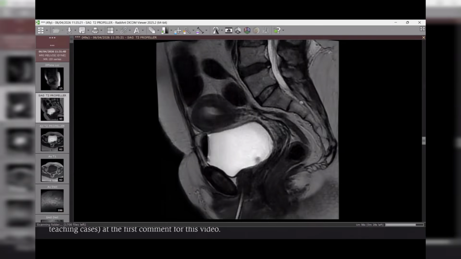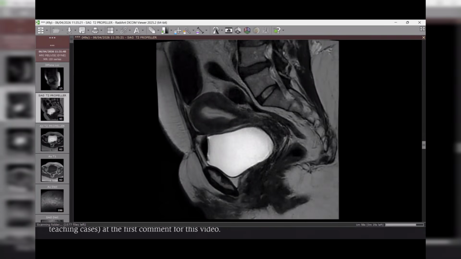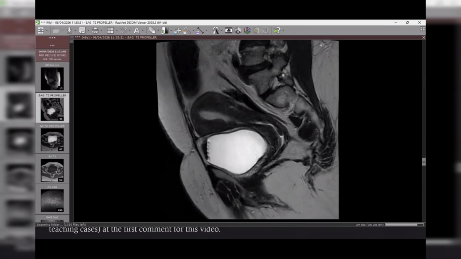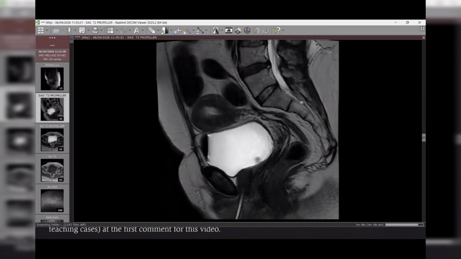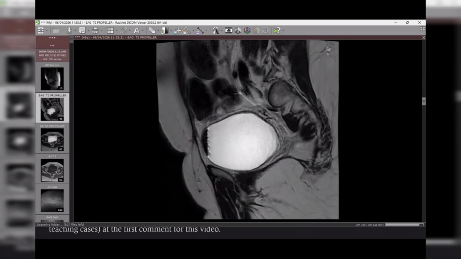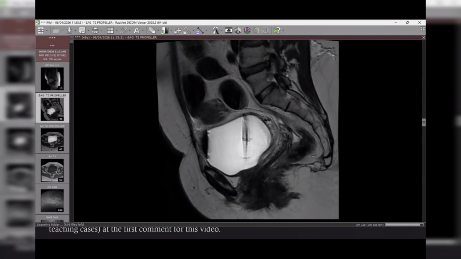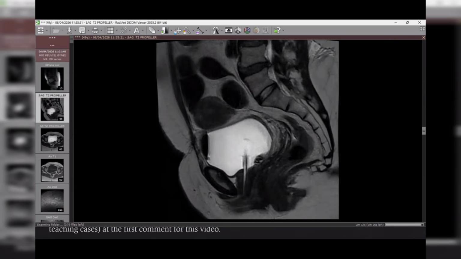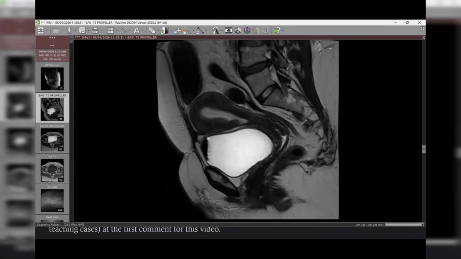So the uterus and cervix are well away from the lesion, and the mass appears to be arising from the posterior wall of the urinary bladder.